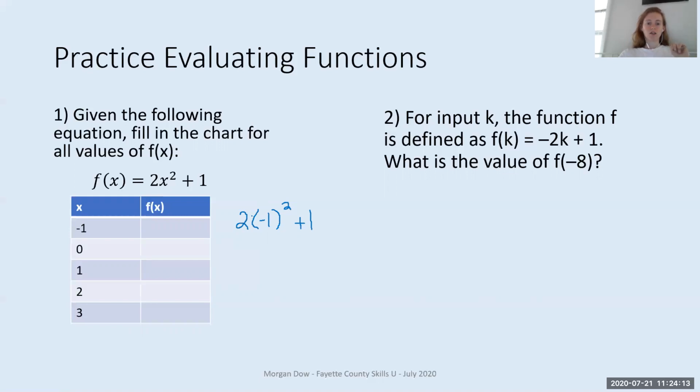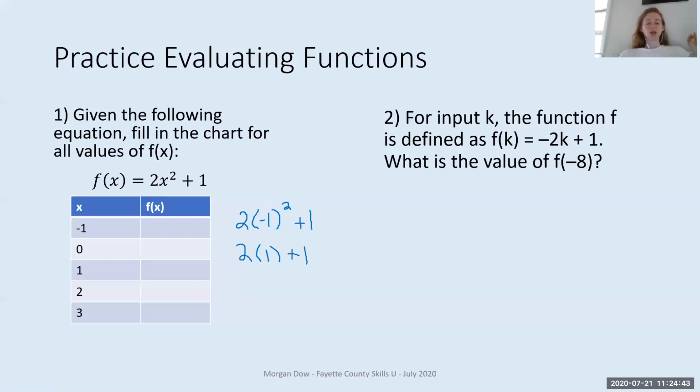So we're going to take care of our exponent first. We're going to do -1 squared. -1 squared means -1 times -1. -1 times -1 is +1. So this means we actually have 2 times +1 plus 1. Okay, so we took care of our exponent.